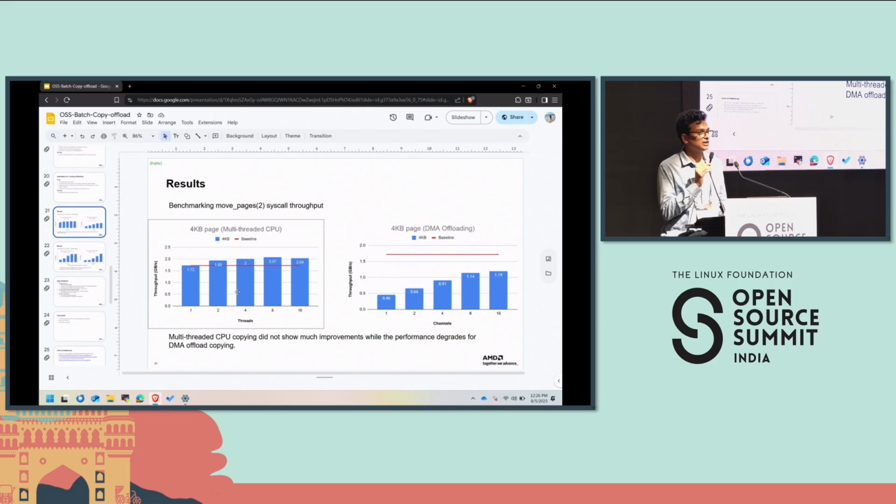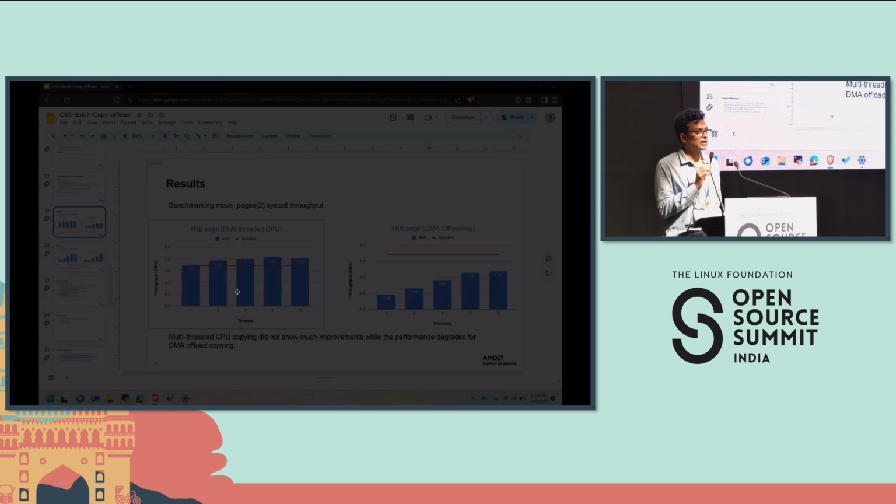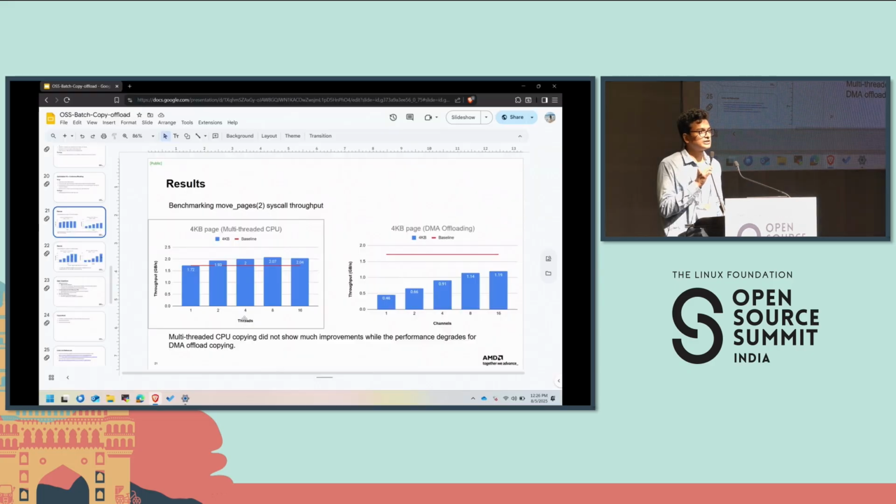So we didn't see any benefit with the 4 KB pages, because there is a lot of kernel metadata overhead of managing those 512 entries as compared to one large folio. With a large folio, the other setup cost will be amortized, divided by 512, so we will see more benefit there.